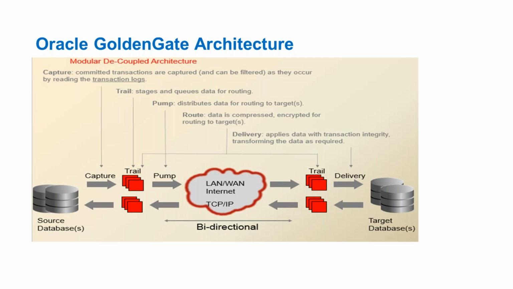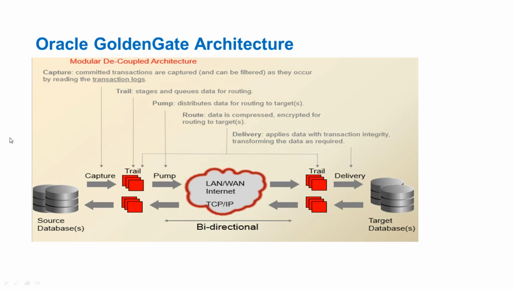For example, when you have a requirement where you need to replicate data between both sites, say the application can be connected to both sites, then you can set up an Oracle Golden Gate bidirectional environment. In bidirectional, whatever data is changed on site A will be replicated to site B. Similarly, data inserted, updated, or deleted on site B will be replicated to site A.